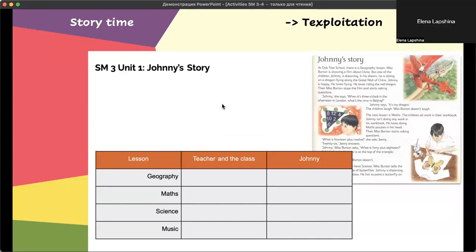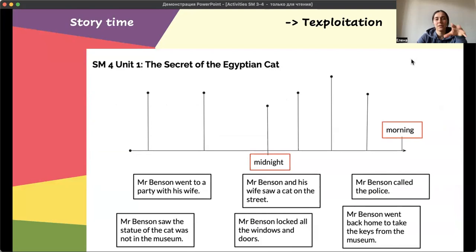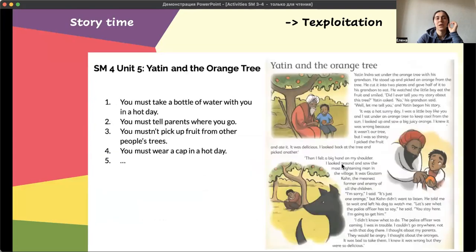Yes, about Johnny's story, I really like this idea with the secret of the Egyptian cat, this timeline and matching what happened in each period of time. And also, well, I always skip this text. I don't know why. Maybe we don't have time. So I think that we never read it to any group. But maybe next year I will find some time to read it, and I will use this idea with must in these sentences.